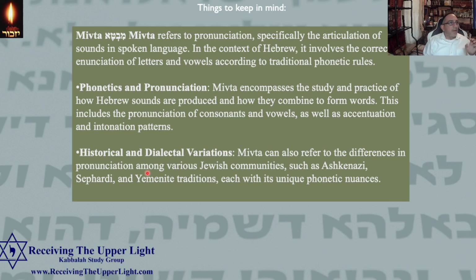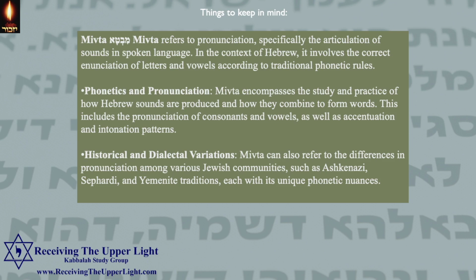Miftah refers to pronunciation, specifically the articulation of sounds in spoken language in the context of Hebrew, right? It involves the correct enunciation of letters and vowels according to traditional phonetic rules. The phonetics and pronunciation, right? Miftah encompasses the study and practice of how Hebrew sounds are produced and how they combine to form words.